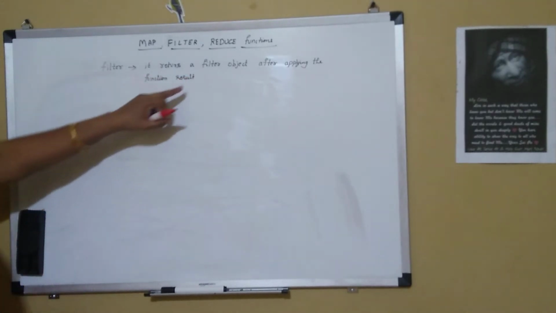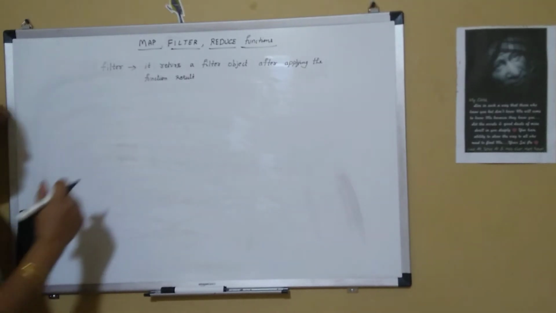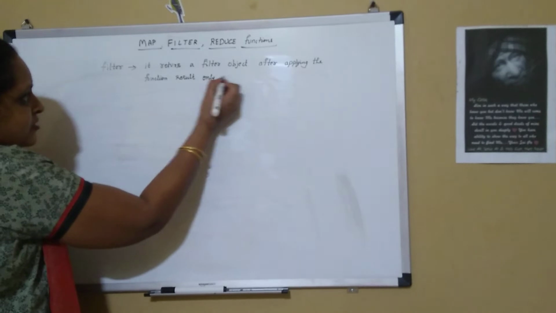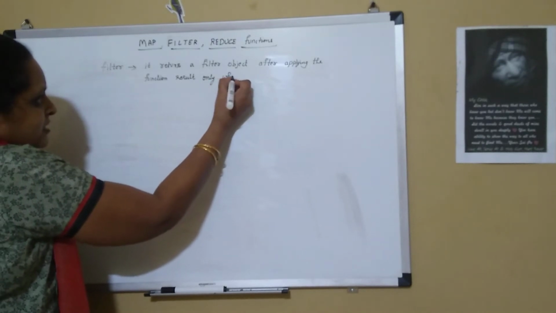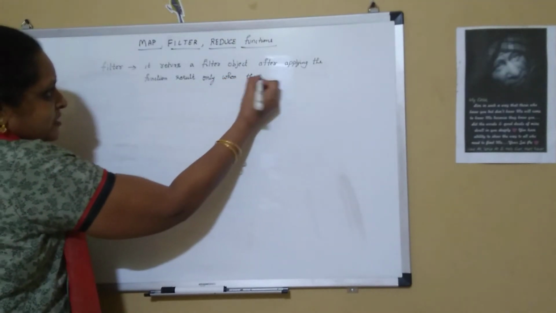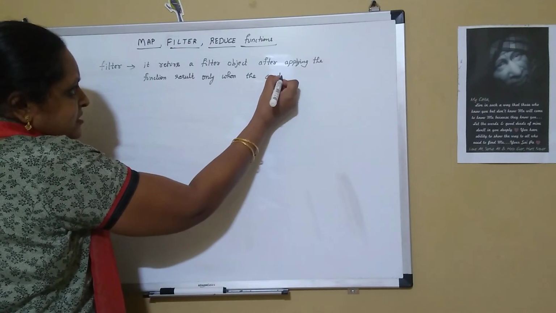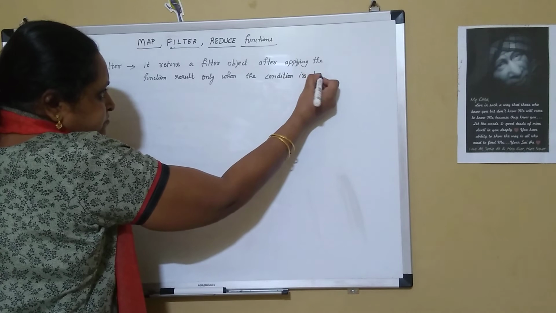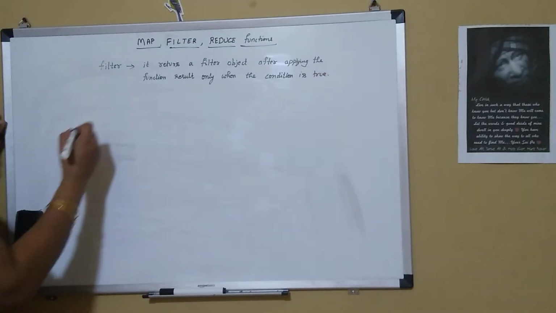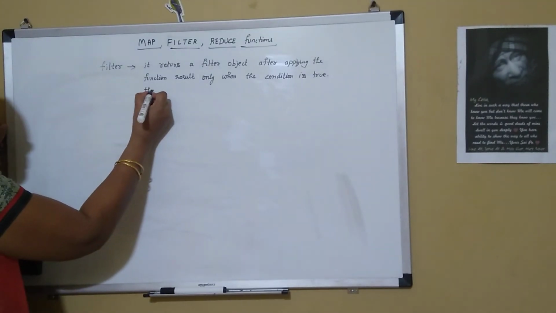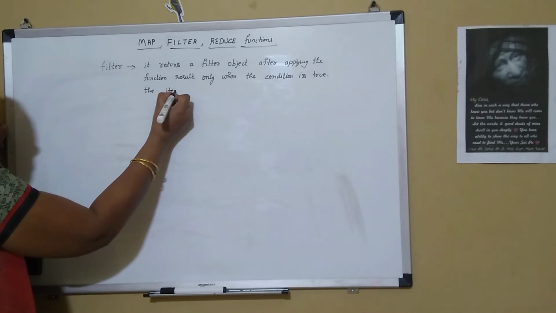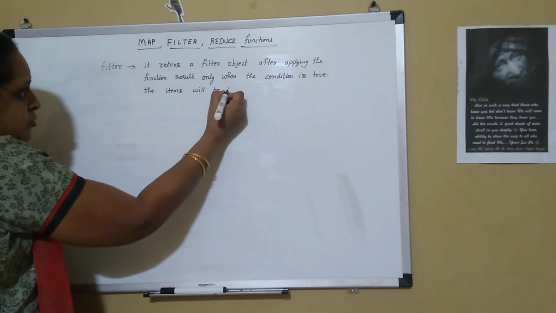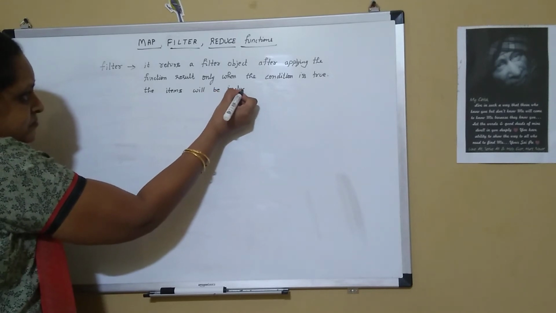So it returns a filter object after applying the function result only when the condition is true. Only when the condition is true, the items will be included in the result.